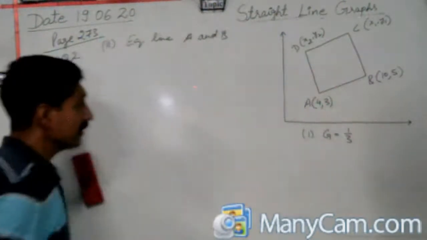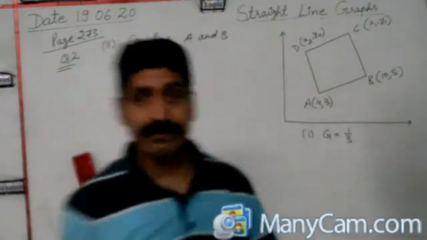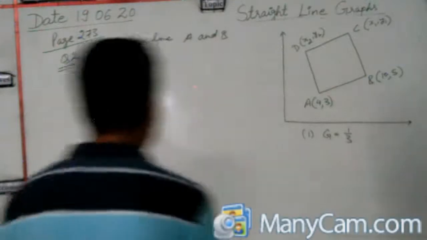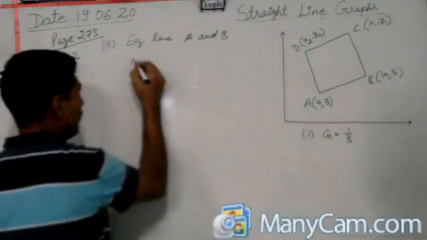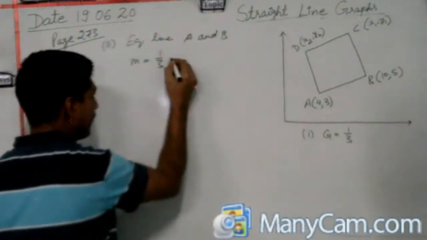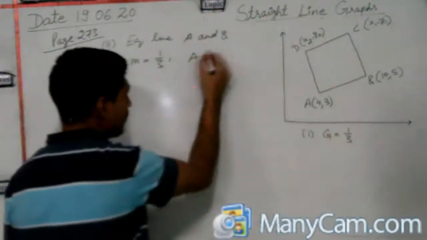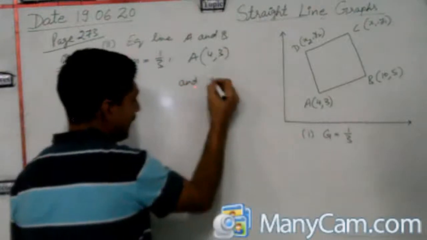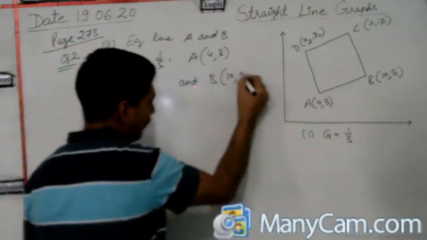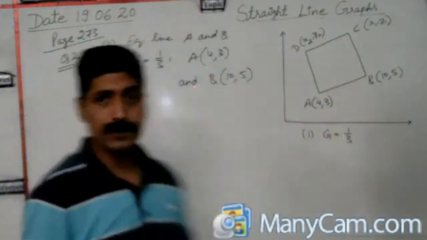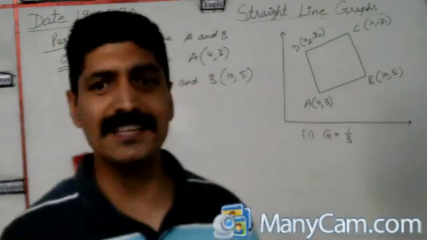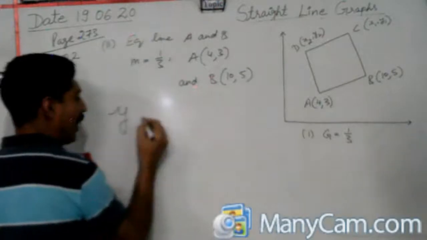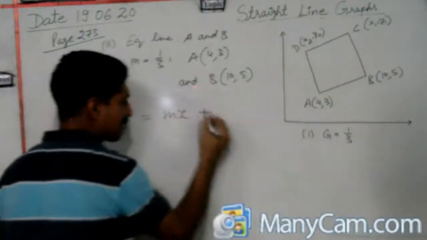So here we will apply it in the same way as I have discussed with you. Gradient m of the line is given, that is 1/3. The coordinates of A are 4 and 3, and B are 10 and 5. Right? The equation of line is y equals mx plus c.